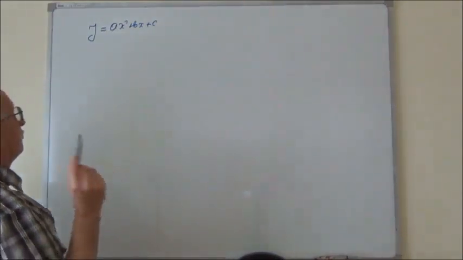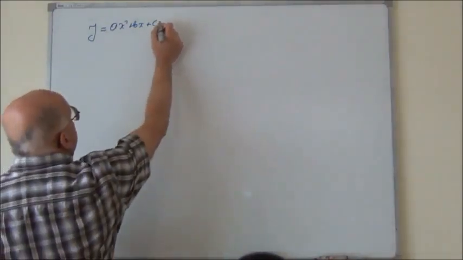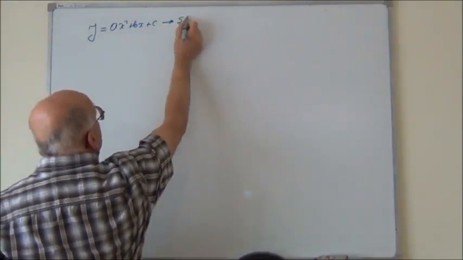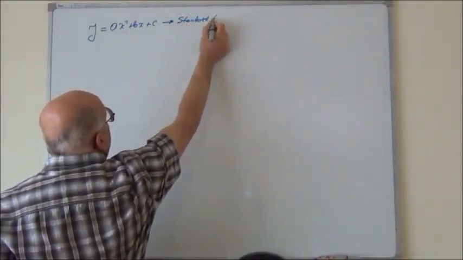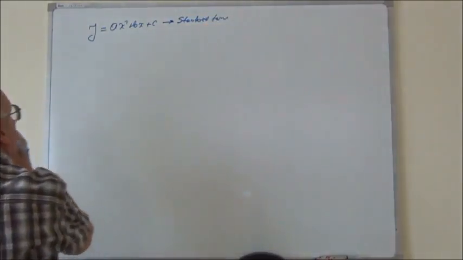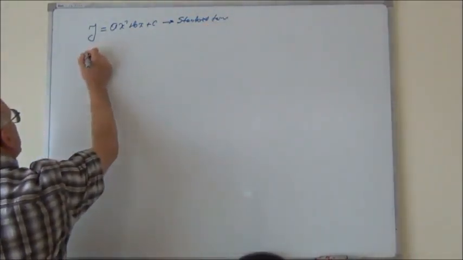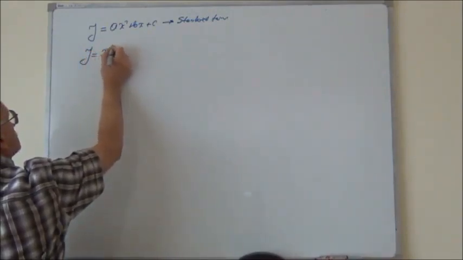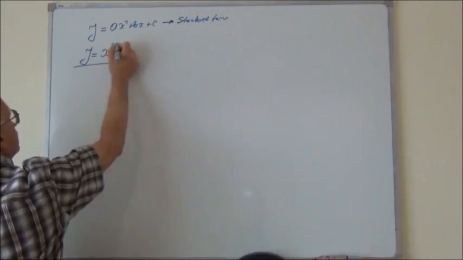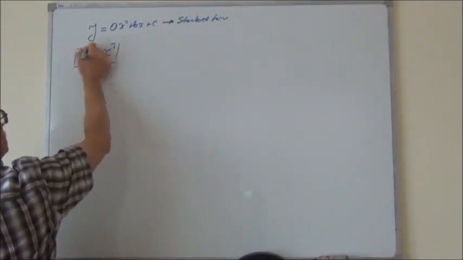So the basic form, this is standard form, of parabola, but basic form of parabola is y equal x squared. So why are we calling this basic form?